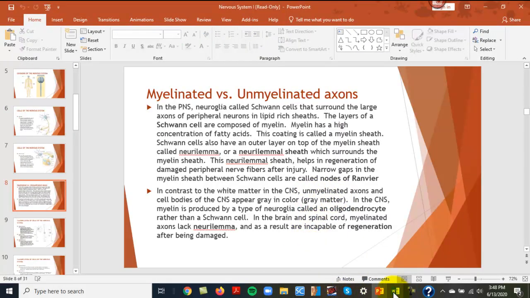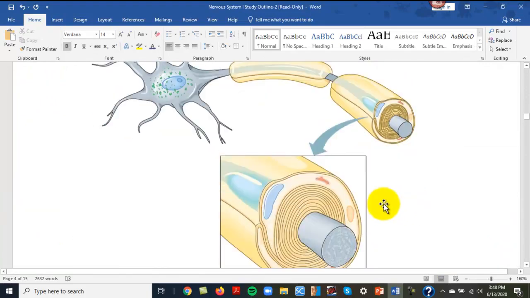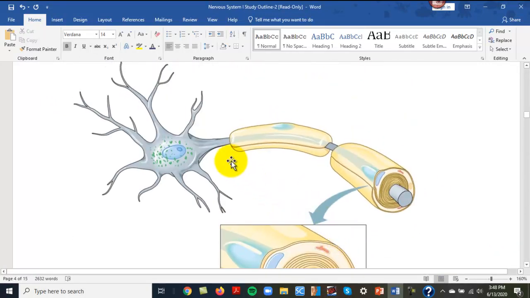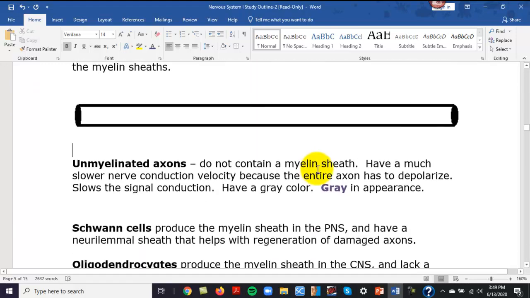In fact, it's probably better if I show you up here. See the gray axon? Anything that's not myelinated in the central nervous system or peripheral is a gray color. The fact that lipids are kind of white, just think about how adipose tissue looked. So myelinated would have a white color, unmyelinated would be gray.